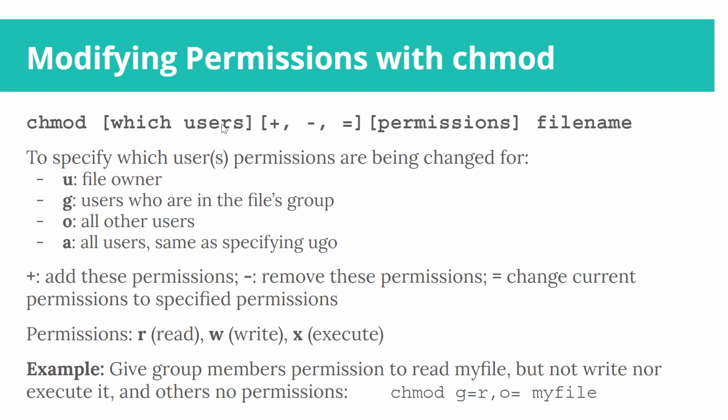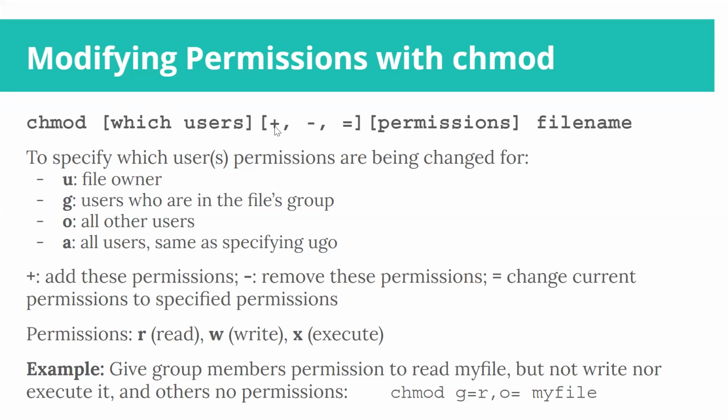So for which users, here again you have U for the file owner, G for the people who are in the group, O for all other users, and you can also specify A, which will change permissions for everyone at the same time. You can specify more than one group here, so you could do UG, you could do UGO, or you can change permissions just for yourself by doing U. You can have up to these three groups listed here.